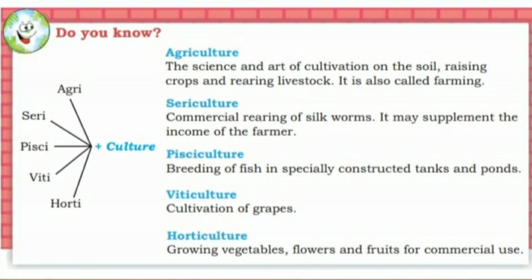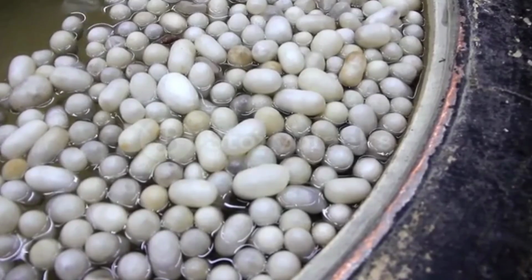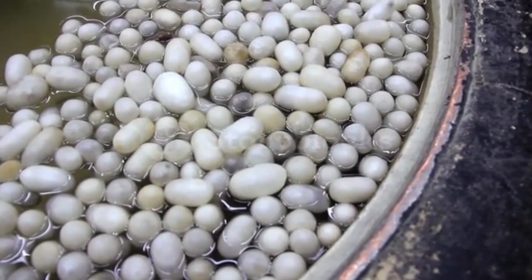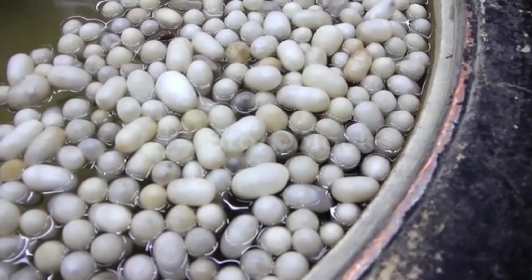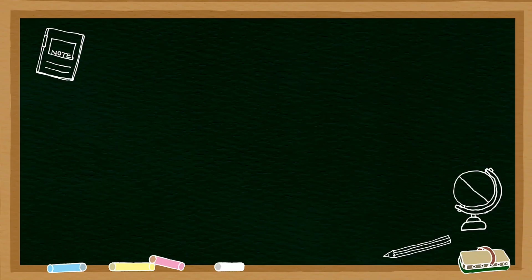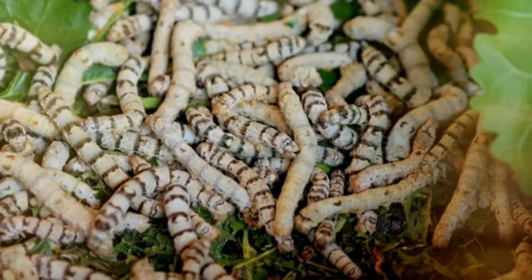Now let's understand what is sericulture. Sericulture or silk farming is the cultivation of silkworms to produce silk. As you can see in this video, these are silkworms or the caterpillars.